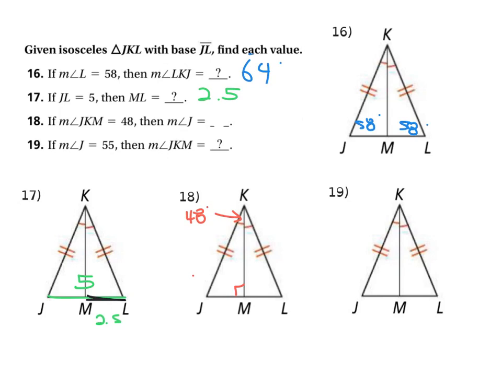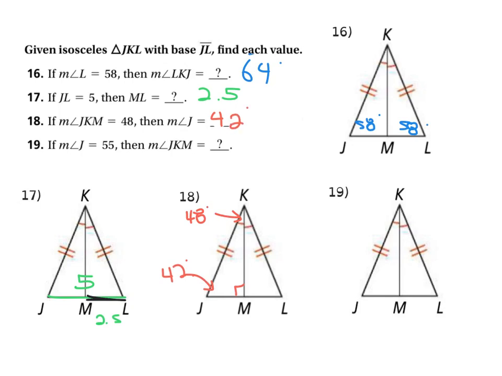I'm going to say 90 minus 48. 10 minus 8 is 2. 8 minus 4 is 2. And we have 42 degrees left over. So I want to say, okay, that's going to be 42 degrees, and I'll write that up here, 42 degrees.